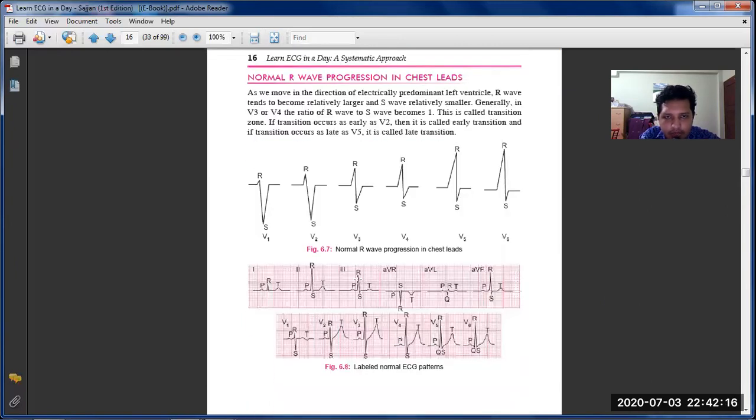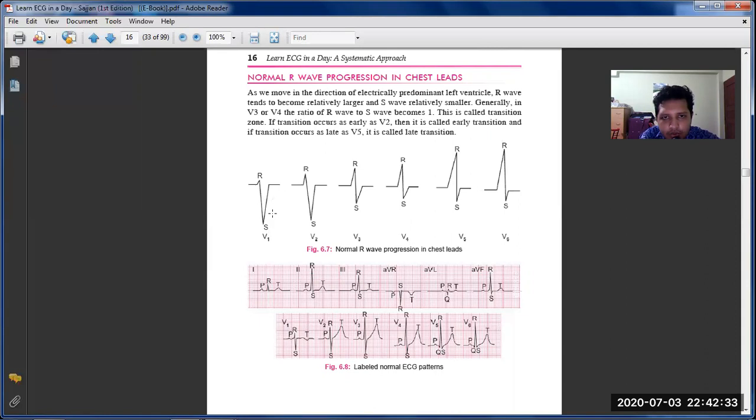So now another term, the R wave progression from V1 to V6, that is in the chest leads. In V1, we see that the positive deflection is less, but the negative deflection is more.